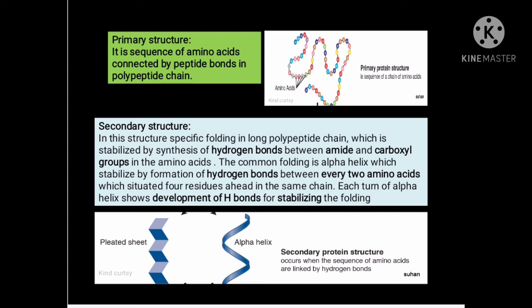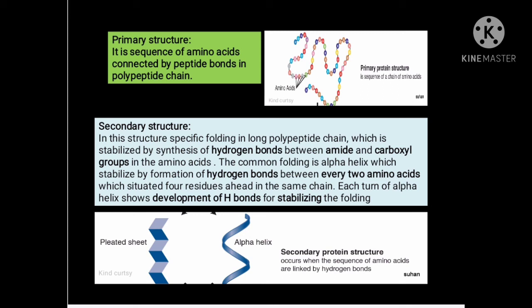First of all, we will see the primary structure. When you see the slide, the primary structure is the sequence of amino acids, and these sequences are connected by peptide bonds in that polypeptide chain. After completion of the primary structure, in the secondary structure there are specific foldings in a long polypeptide chain, stabilized by the formation of hydrogen bonds between amide and carboxyl groups in the amino acids.